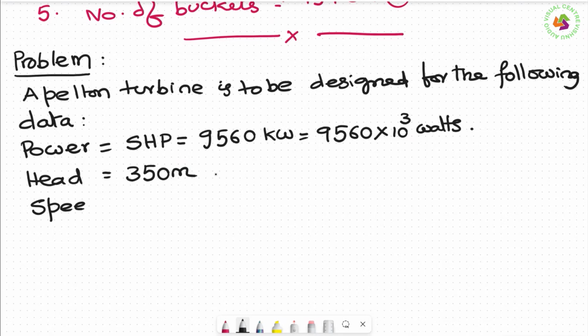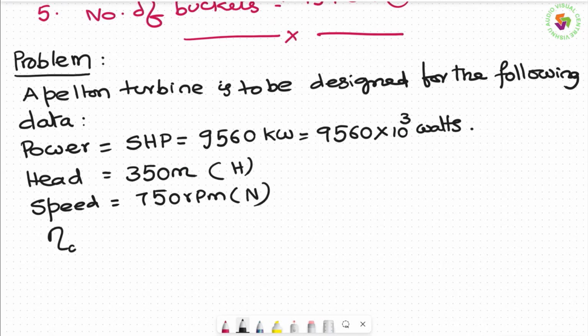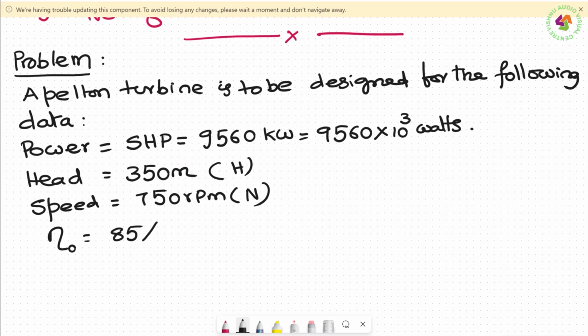Speed is equal to, head means H, speed means N, 750 rpm. Then overall efficiency is equal to 85%.